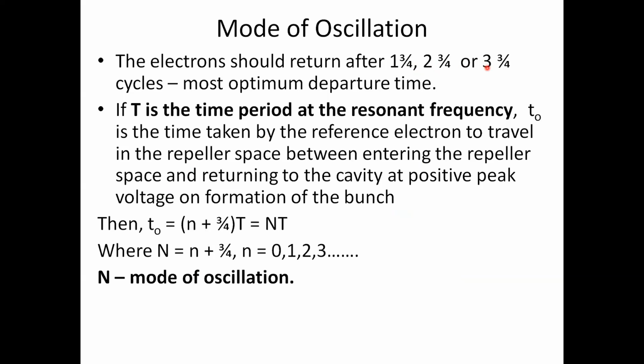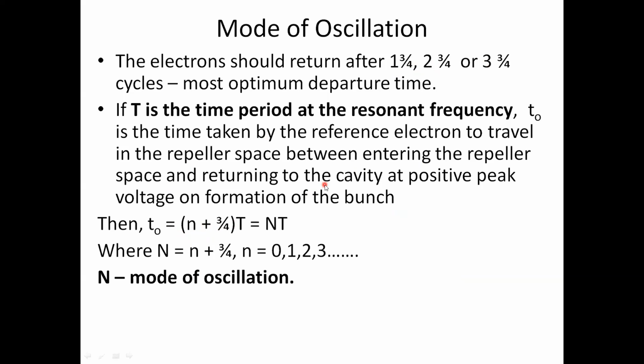For the third mode, it indicates 3 into 3 by 4. Capital T is the time period for the resonant frequency. Clear? That's why, by nomenclature, the equation should be written as n plus 3 by 4, where n equals 0, 1, 2, 3, etc.